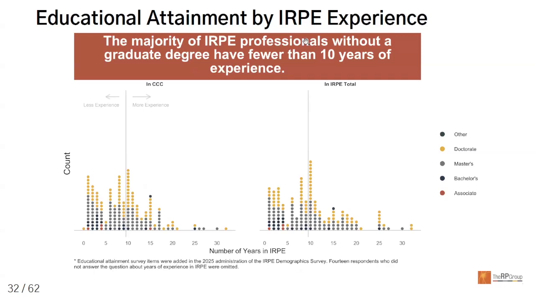So we're getting younger. We're getting younger. And so it's going to be nice to see what this looks like over the next few iterations. This is done every 2 years. And so we are going to see an interesting trend line, I think, over the next few iterations of this survey. Next slide.